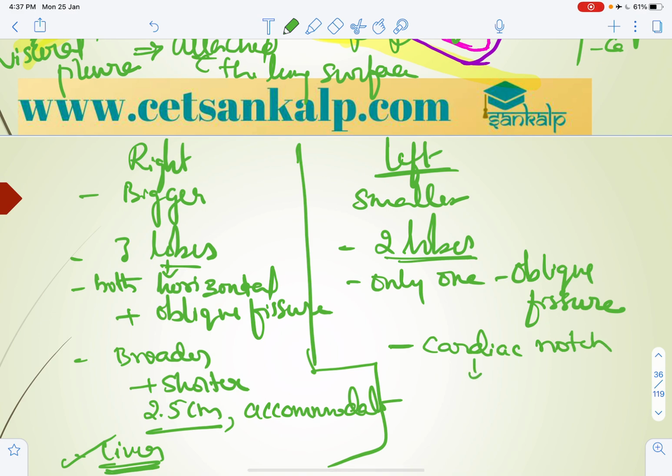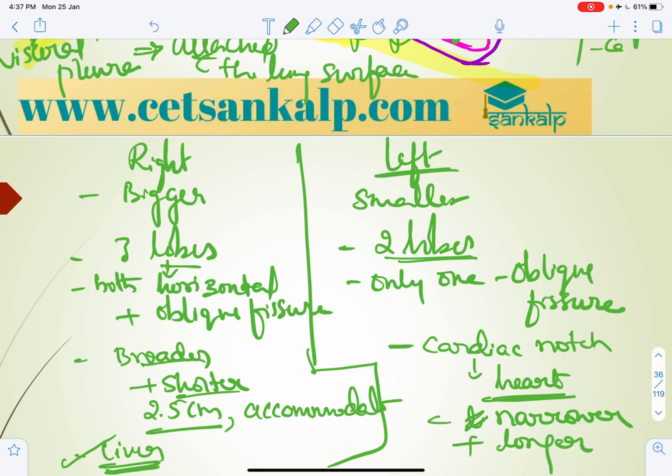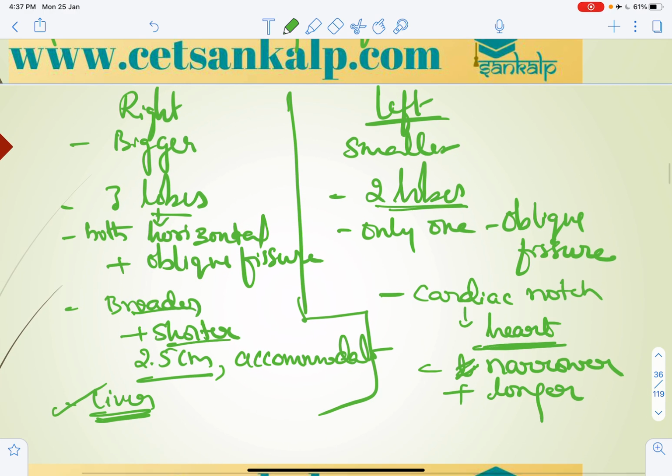This notch is mainly to accommodate the heart, where the heart is situated. That is why this side is broader and shorter, and here it is narrower and longer. That is the difference you have to keep in mind.